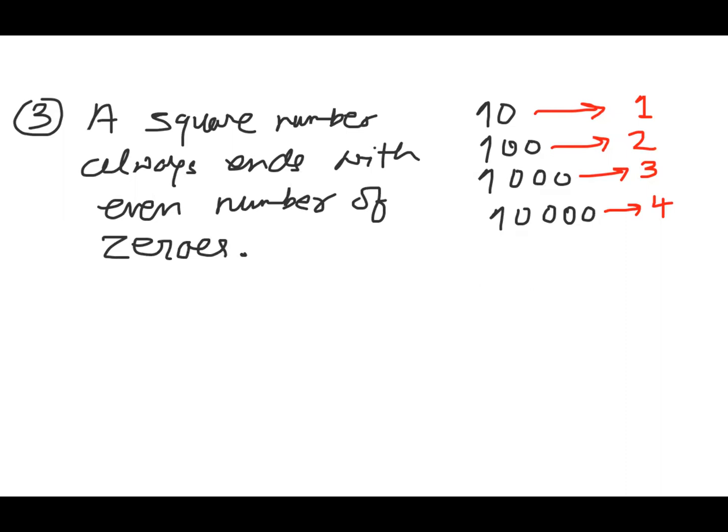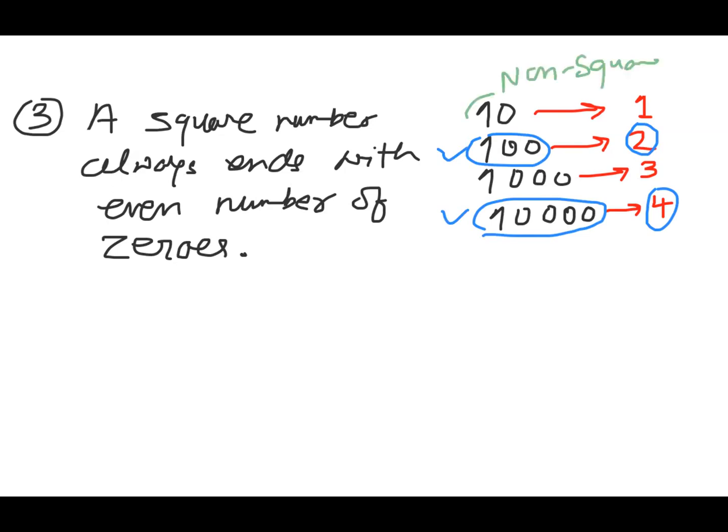Which are even here out of 1, 2, 3, and 4? 2 is clearly even, and 4 also even. So 10,000 and 100 are square numbers here, and these two are non-square.